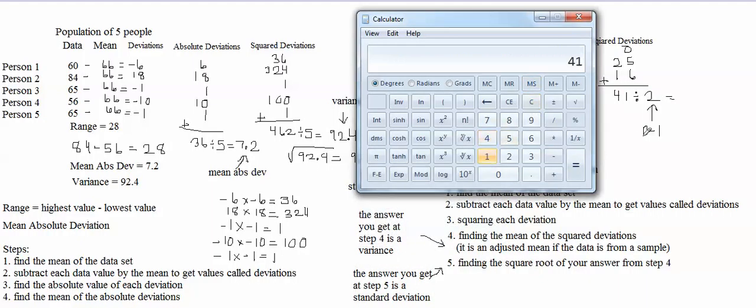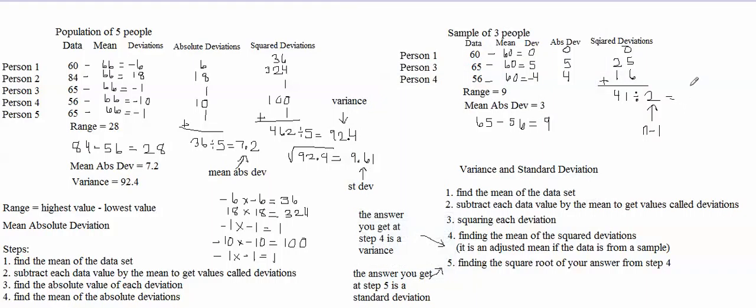And we only divide by n minus 1 if the data came from a sample. If the data came from a population, you just divide by the number of numbers. You just divide by n. 41 divided by 2 is 20.5.